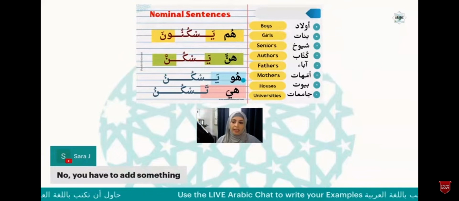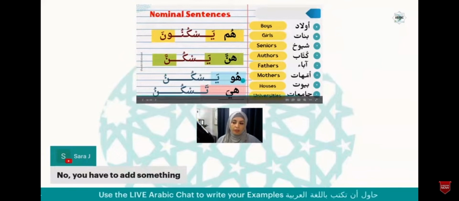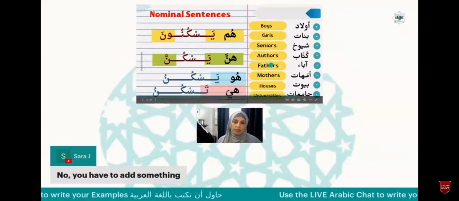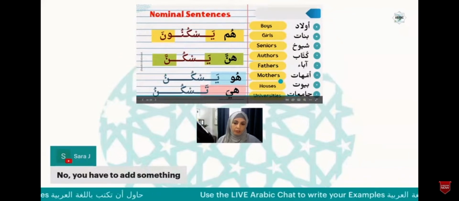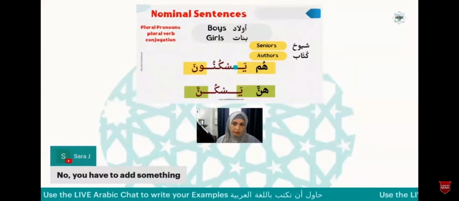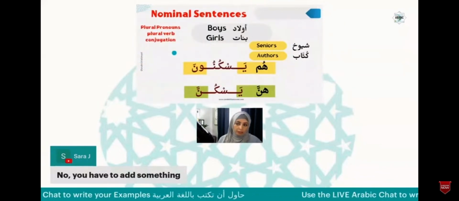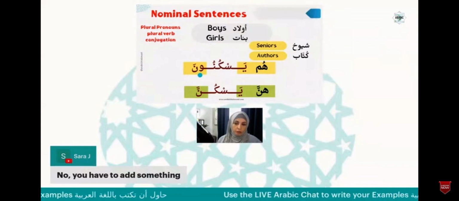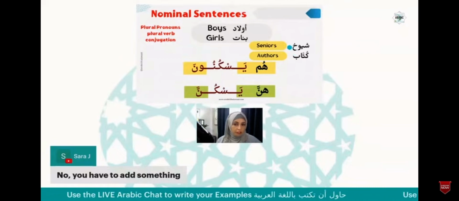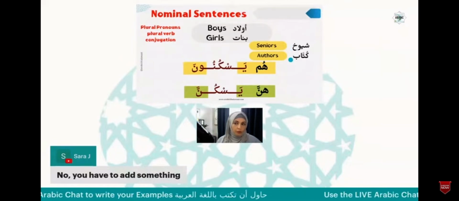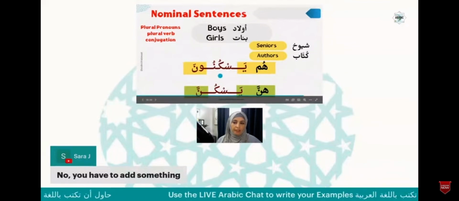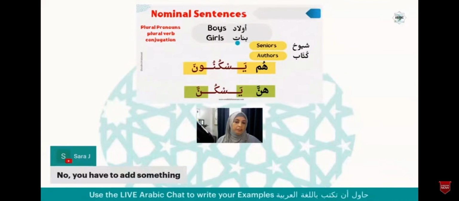So I should say الكاتب يسكن. الكاتبة تسكن. And I have a list of nouns over here. We'll come back to this if you need more explanations, but I need to give you this example. What I just explained. هم يسكنون. This refers to the gender. شيوخ, كتاب, أولاد. If I'm saying هن, I have to say يسكن because I'm referring to girls.